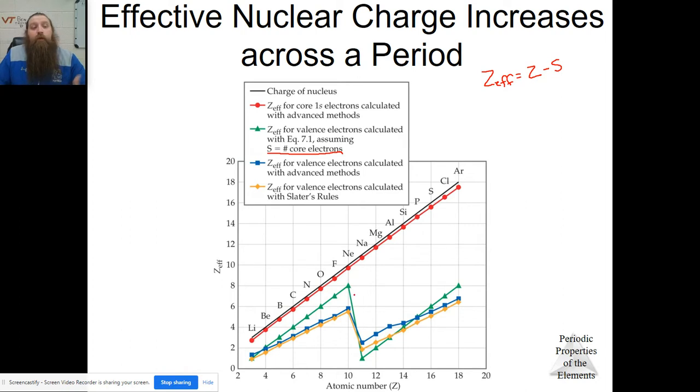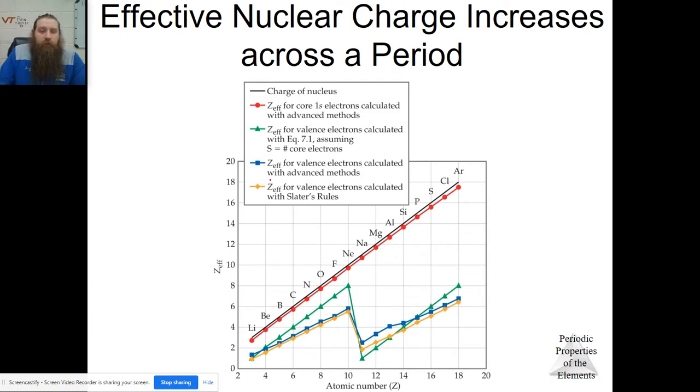Then, because it's a periodic property, this region right here is when we go from the noble gas furthest on the right, neon, number 10, over to 11, which shifts us back to the very left-hand side of the periodic table. Again, it starts to climb. There's argon. We would expect the next little green triangle to be down here somewhere.